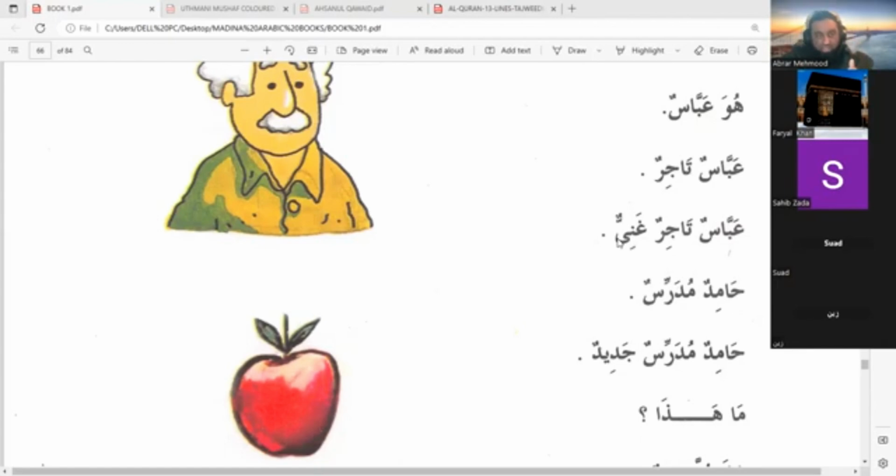The first point was it either has alif lam or tanween. So, brother Zen, which of it is it? Abbasun Ghaniyun. Which do they have? Tanween or alif lam? Tanween. Tanween, good. Point number 1 covered. Point number 2, they are either masculine or feminine.